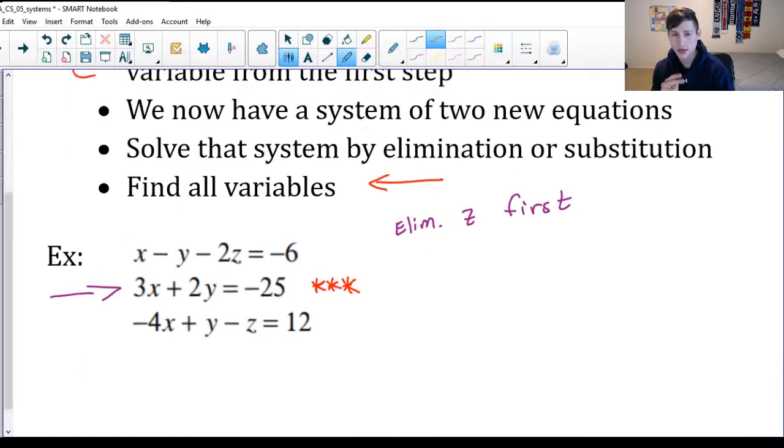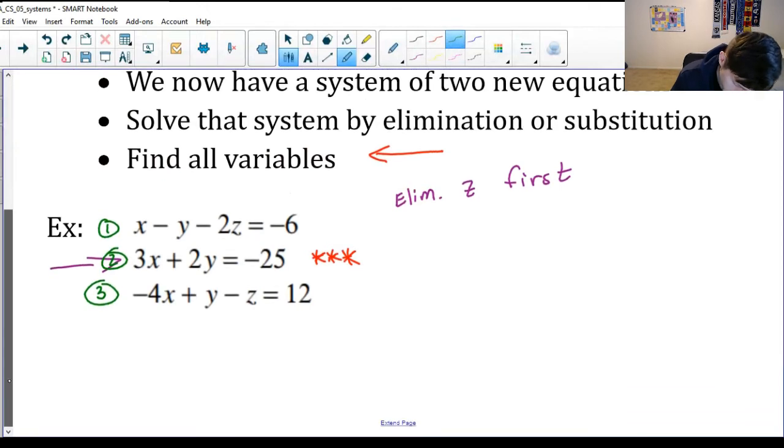So I'm going to use my other 2 equations, the first equation and the third equation, so that I can eliminate the z from those. Also, I typically like to number these just so I can keep track. So first equation, third equation.